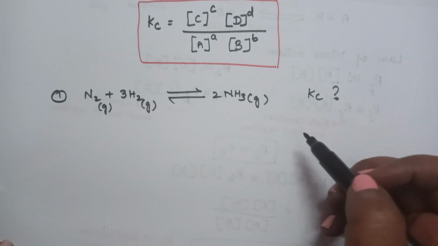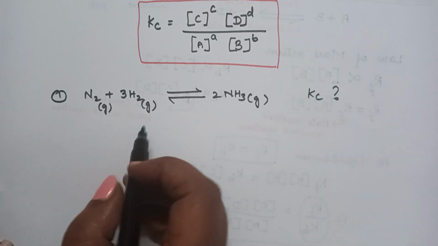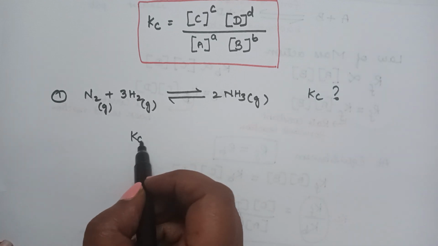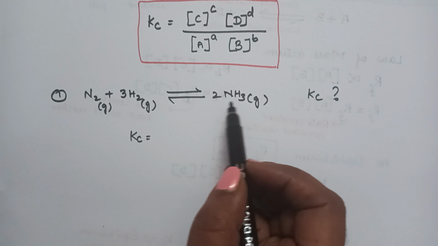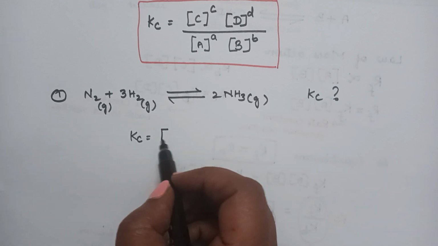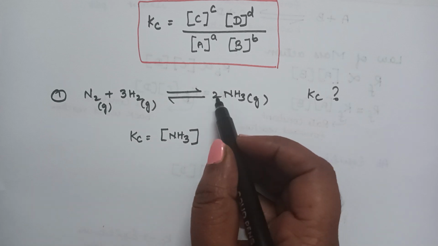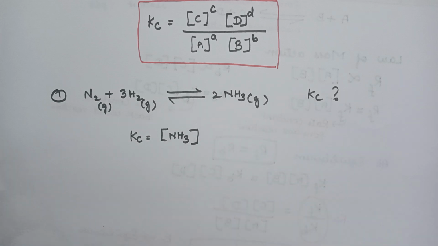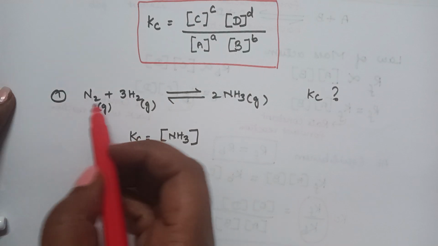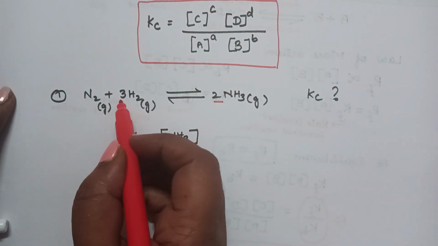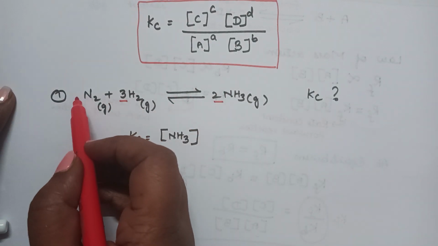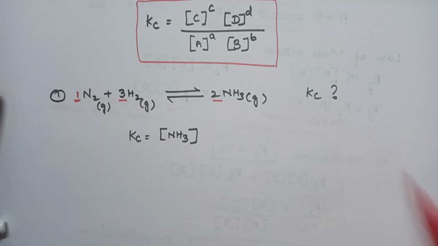Kc is called the equilibrium constant. How to write it? Kc is equal to, first you have to write the product. The product is NH3 raised to its stoichiometric coefficient. Here the coefficient will be 2, and for hydrogen it is 3. If there is no number, it means it is 1.